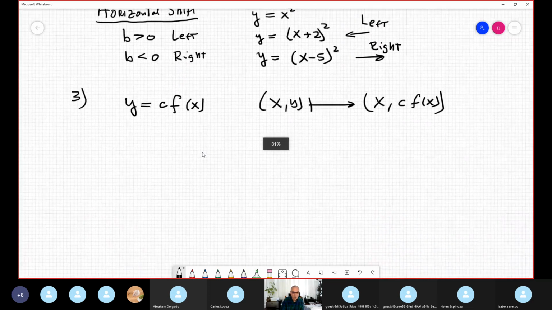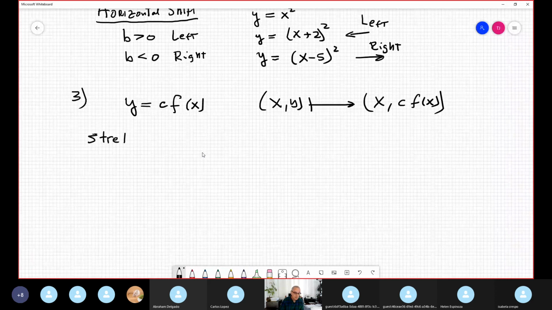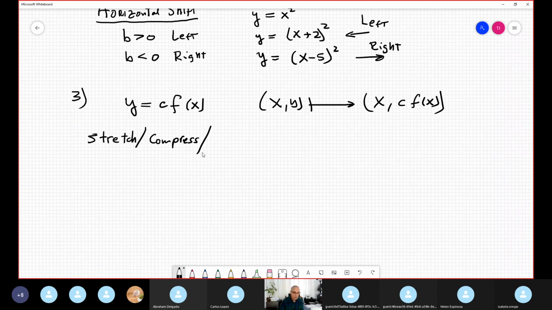So we have three kinds of deformation. We have a stretch, maybe a compress, or we have a reflection, depending on the number that you multiply and the sign of the number.